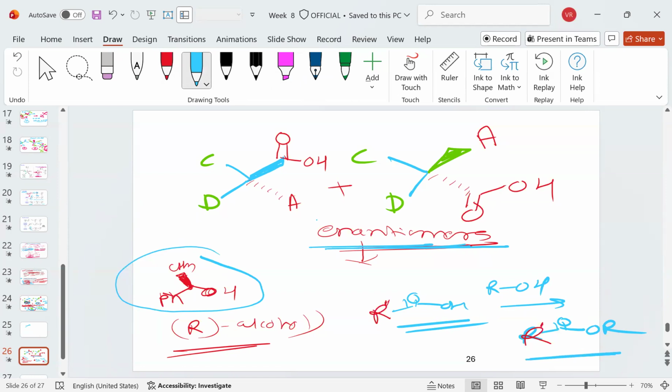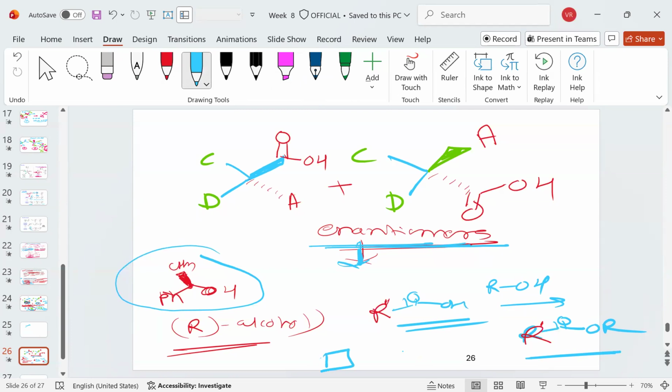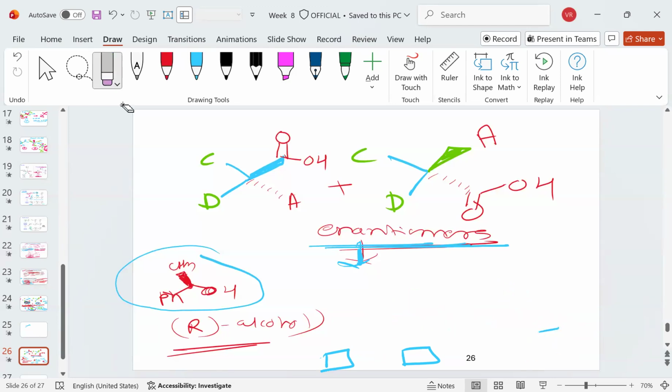But now, when you do the esterification reaction on this reaction mixture, I get two different esters, and they are diastereomers of each other. Whatever two esters we are getting in this reaction, these two esters are diastereomers of each other.